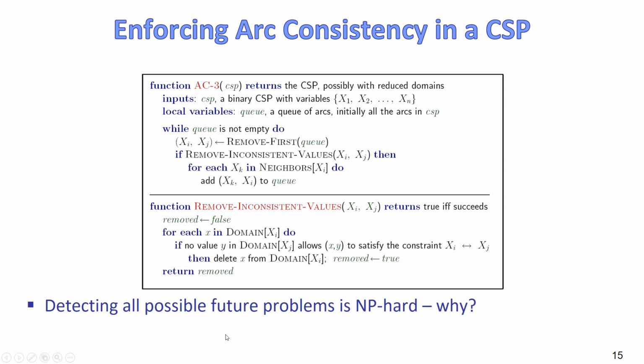If you remember from your algorithms course, or data structures course, there is a type of problems called NP hard, and one of them is the satisfiability problem. That's the problem where you want to assign values to variables to satisfy a Boolean expression. You can reduce this problem to that, and thus this problem is actually NP hard.